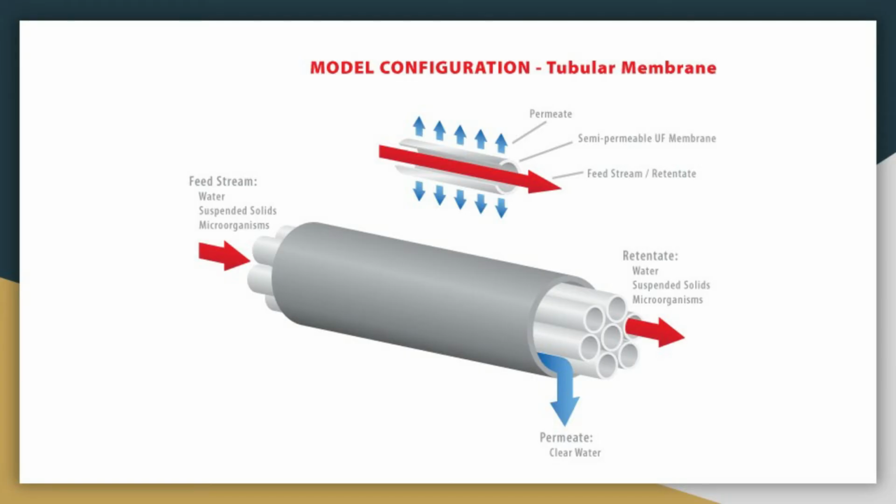The feed flow tube size is 3 to 25 millimeter inside diameter. This configuration is usually used in microfiltration to remove bacteria, and they also call this process Bactocatch.